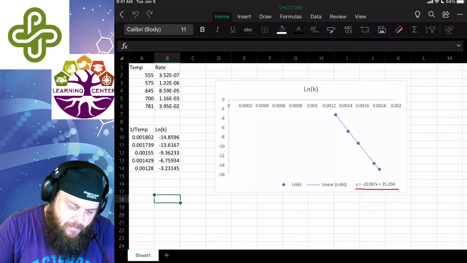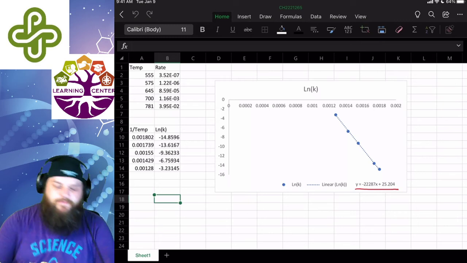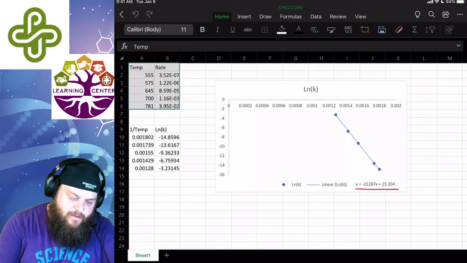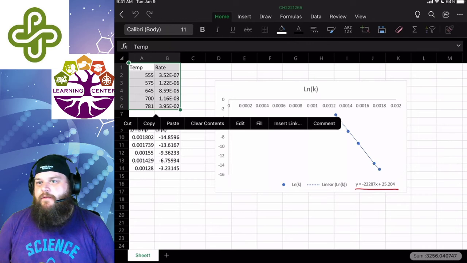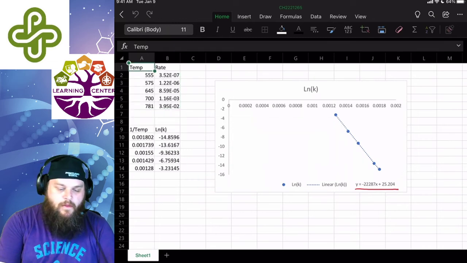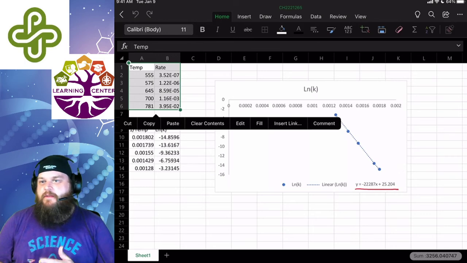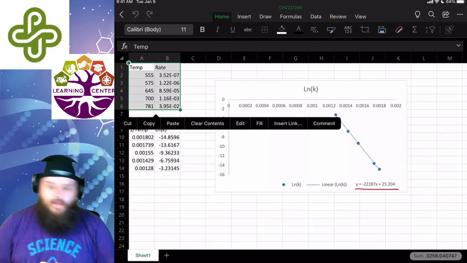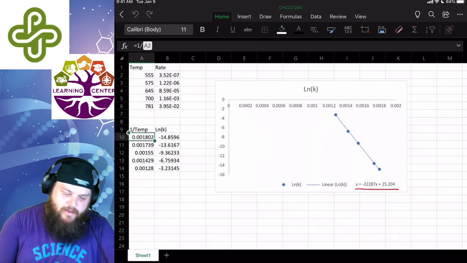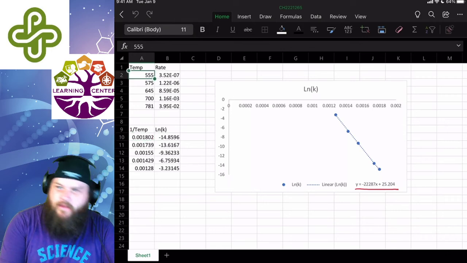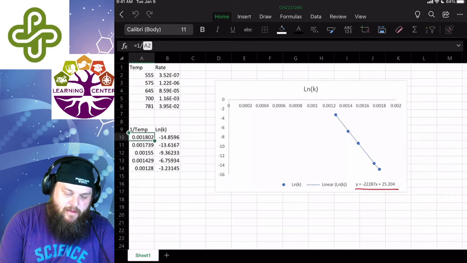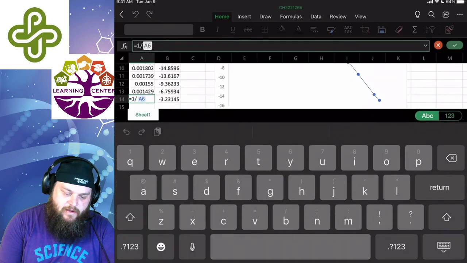All right. So we can see over here, these are the values straight off the table that they gave me: the temperature values and the rate values for k. And then down here, I just said 1 divided by this cell, and it gave me that value. And then I copied and pasted that down to these other ones. So A6 is referring to this one, and so on.